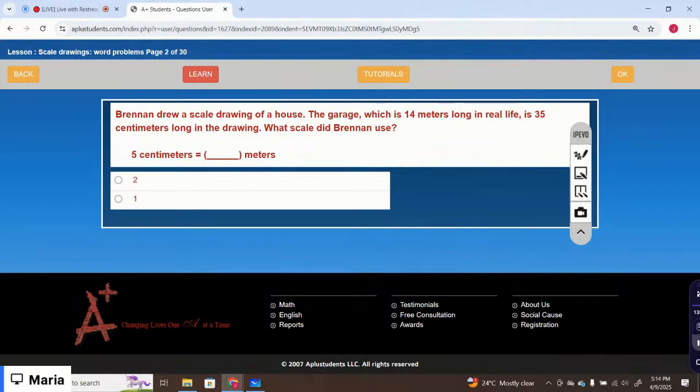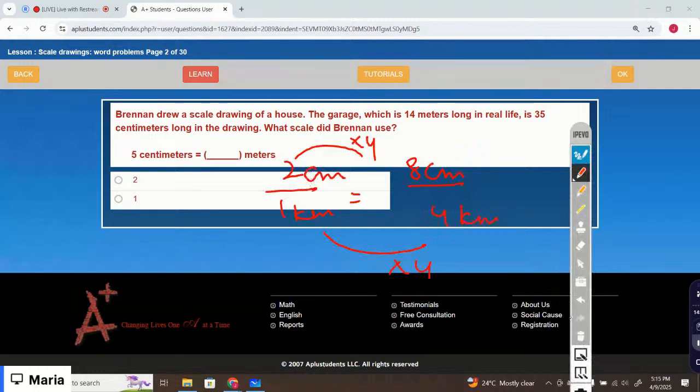Brennan drew a scale drawing of a house. The garage is 14 meters long in real life, and 35 centimeters long in the drawing. What scale did Brennan use? Actually, it is 14 meters long, right?